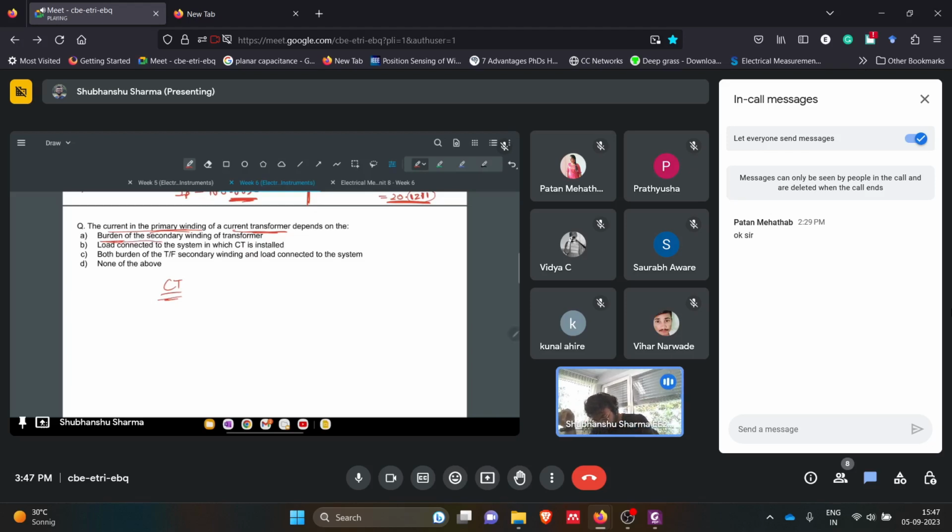Burden of the secondary winding of the transformer, that is one thing. Or load connected to the system in which CT is installed, or both burden of the transformer secondary winding and load connected to the system, or none of the above.